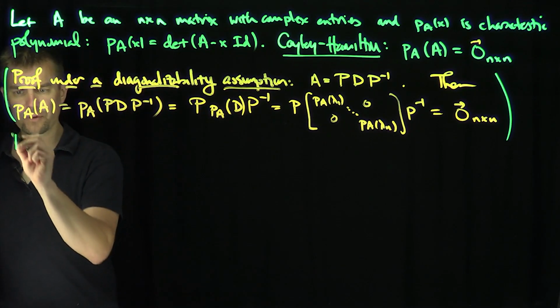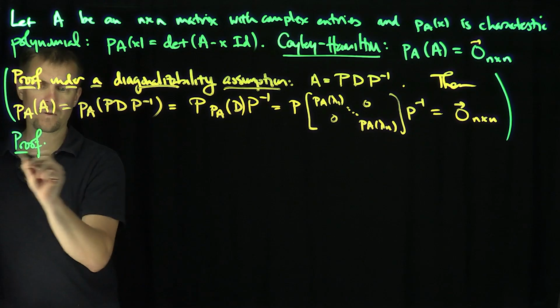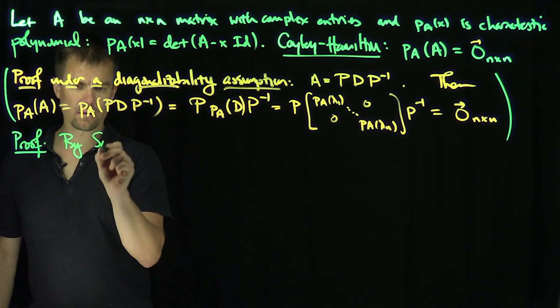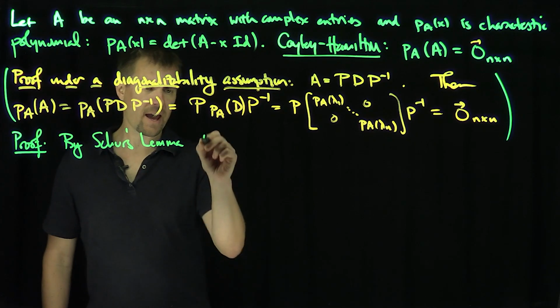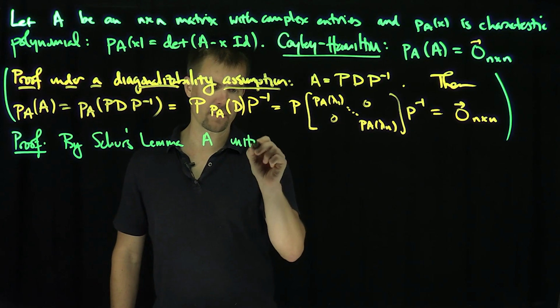So what's the proof in general? By Schur's lemma, A is unitarily equivalent to an upper triangular matrix.